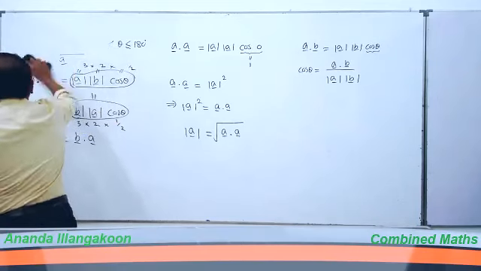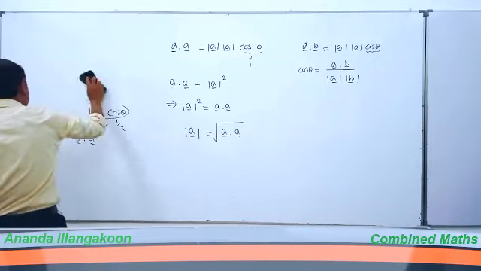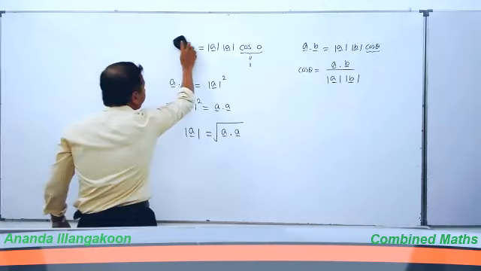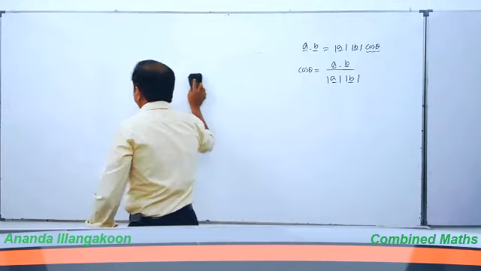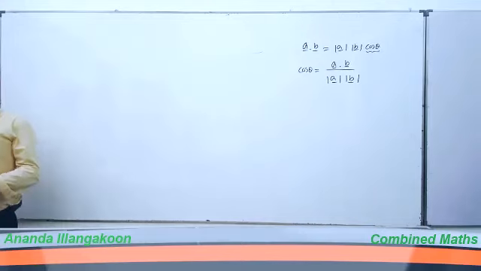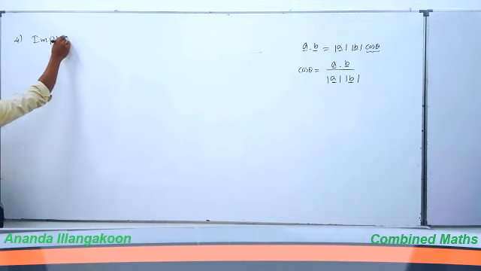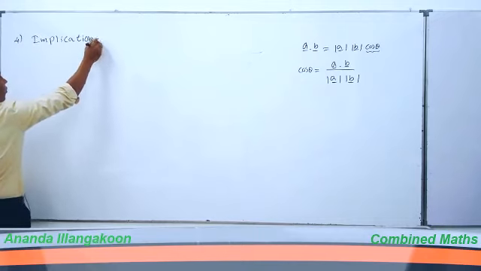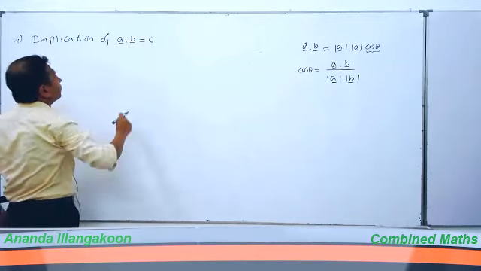Number 4. The fourth property is the implication of A dot B equals 0.